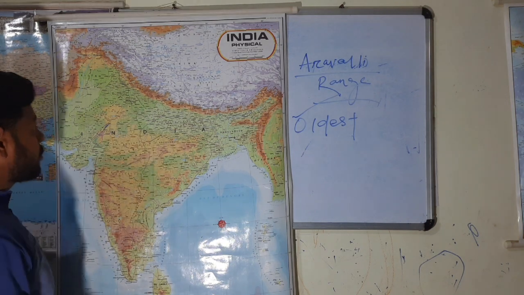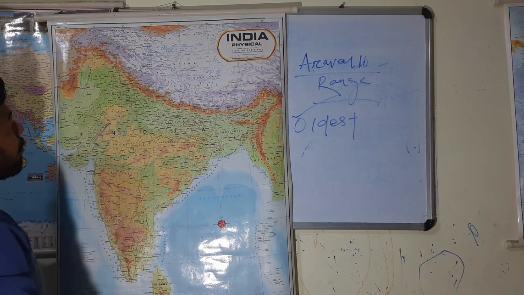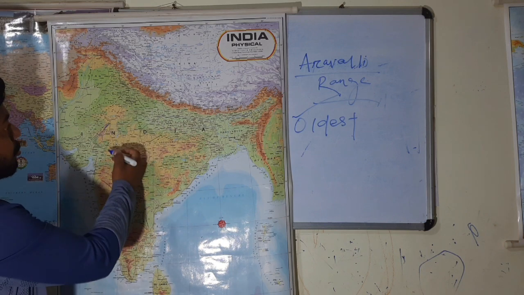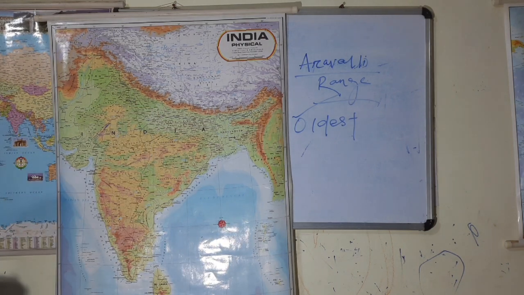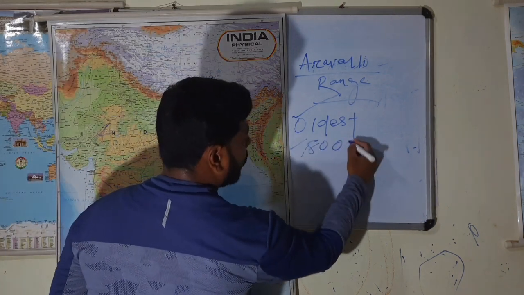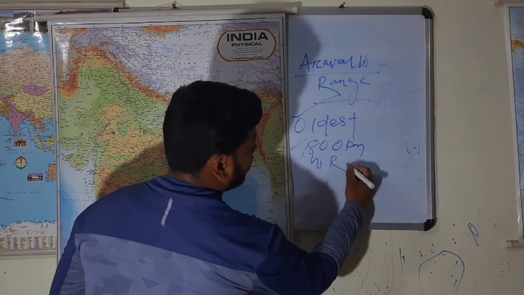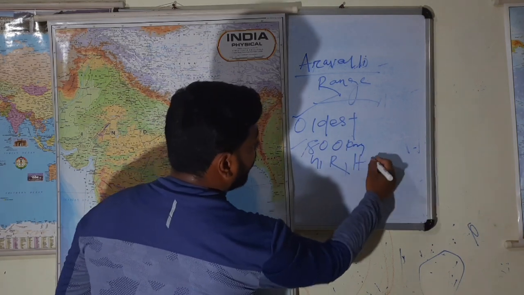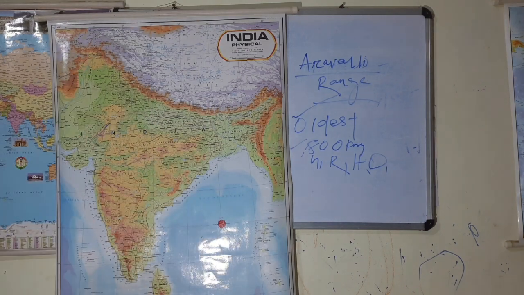Around 80% of the Aravali range is found in Rajasthan only, but it also extends towards Haryana and Delhi. So the Aravali range extends around 800 kilometers through Gujarat, Rajasthan, Haryana and Delhi. Okay, so these are the regions which come under the Aravali range.